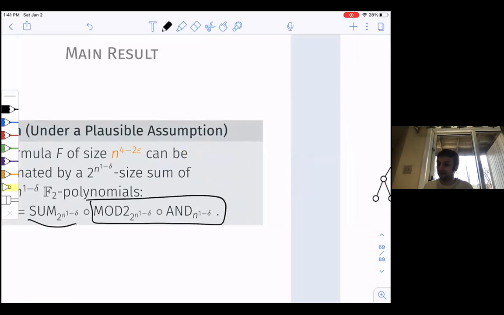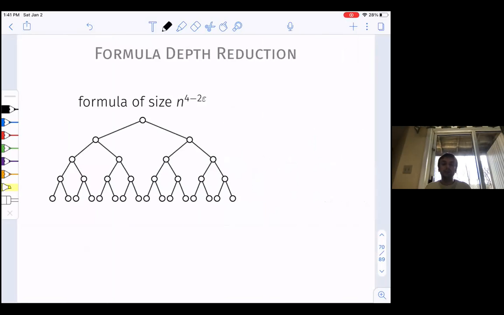Okay. So first of all, every formula is a tree, and trees can always be balanced in various nice ways. In particular, it is known that a De Morgan formula can be balanced in the following way.